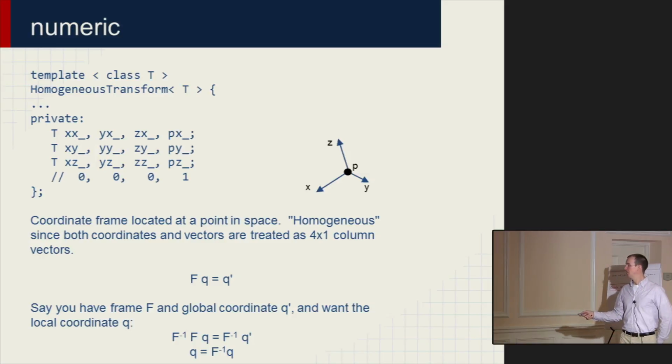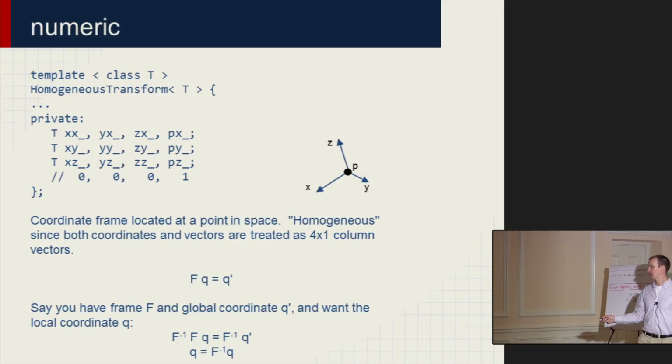So if you have some coordinate frame F in space, and you've got some global coordinate Q prime, and you want to know what is the local coordinate Q that satisfies this equality, then you can calculate this very easily by right multiplying both sides of this equation by the inverse of the homogeneous transform, so F inverse.